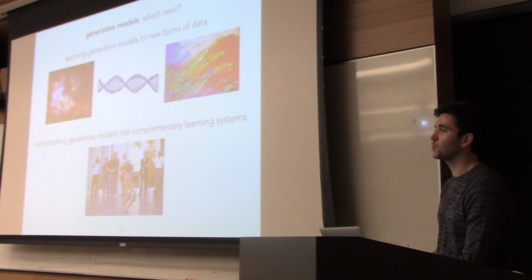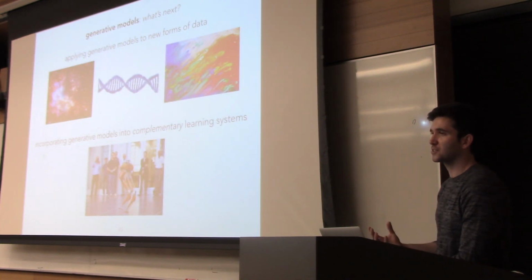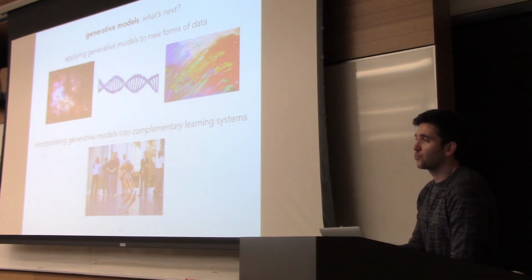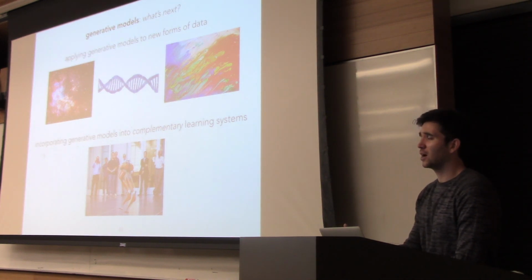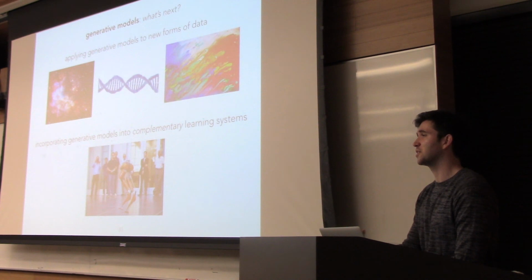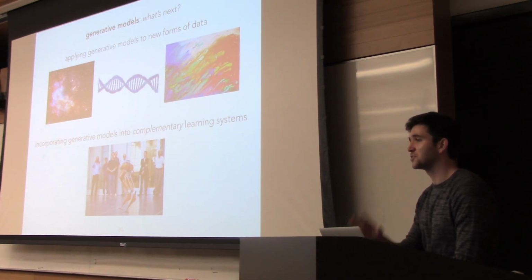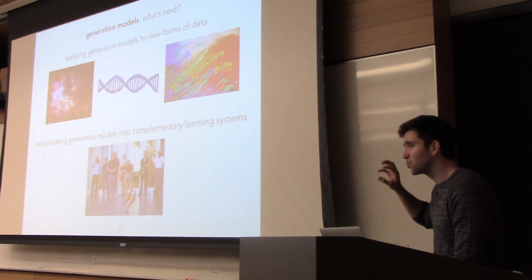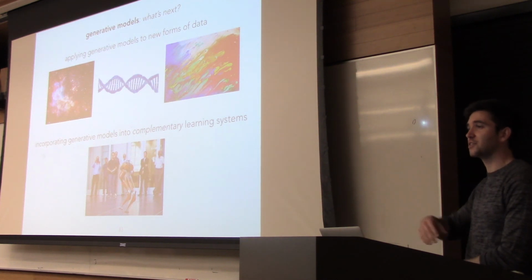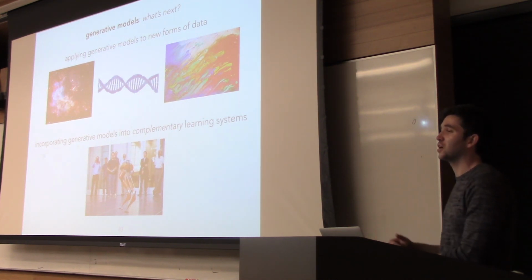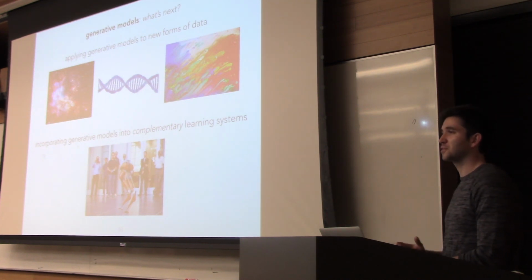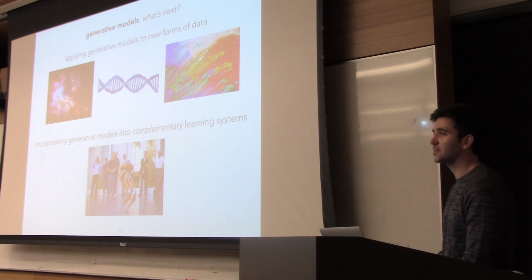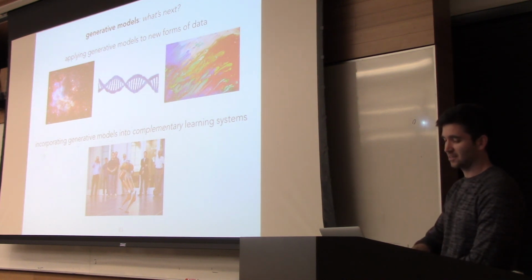I don't think we're going to be able to learn very complex reinforcement learning algorithms for robotics, for instance, purely through reinforcement learning. It's already starting to be apparent that you need some of these auxiliary reconstruction or prediction tasks, which are the cornerstone of generative models, in order to actually learn these reinforcement learning models. So if you have interests in building robotics and things like that, then definitely generative models are the way to go. And that's all we have.